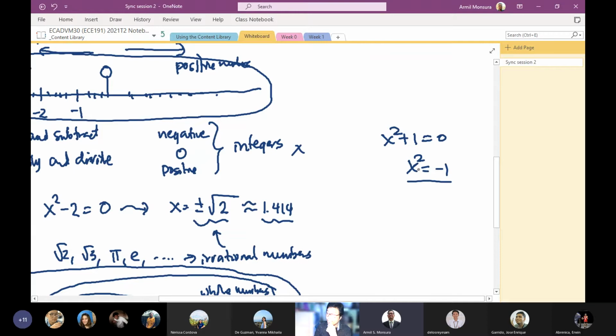Kasi yung square means you are multiplying the same number, so they carry the same sign, and therefore the answer should be positive.